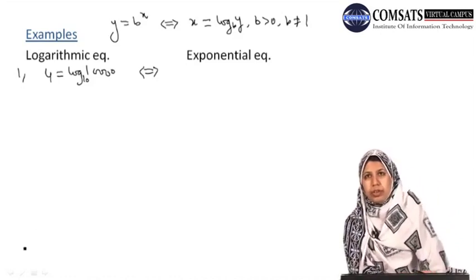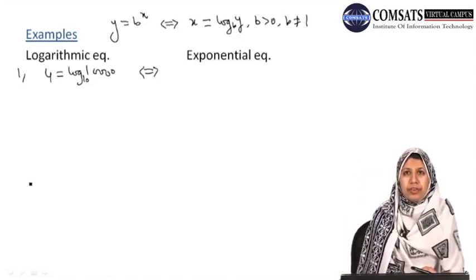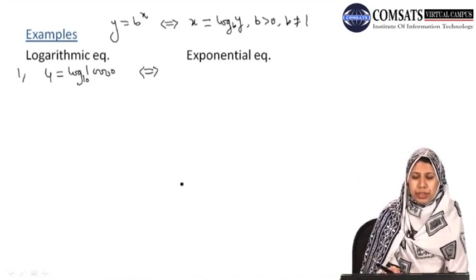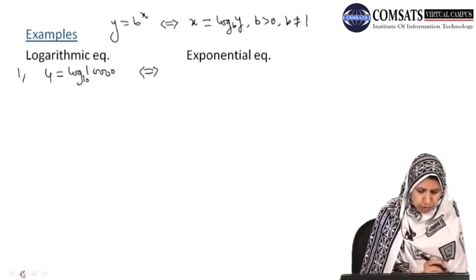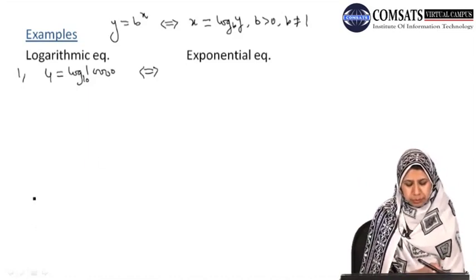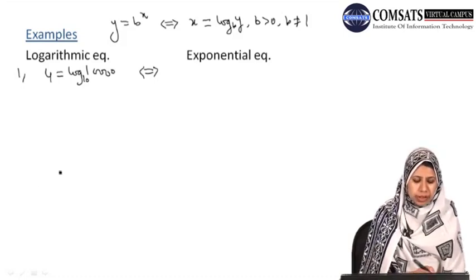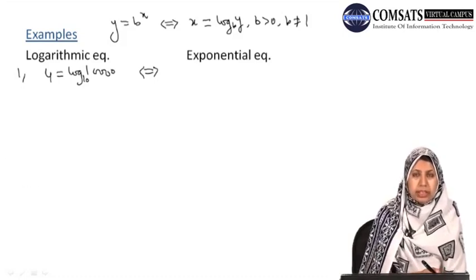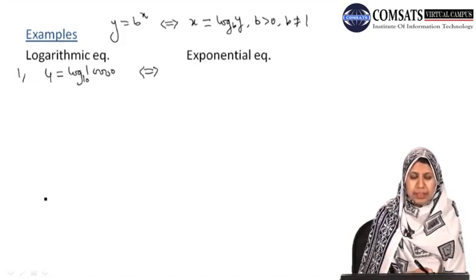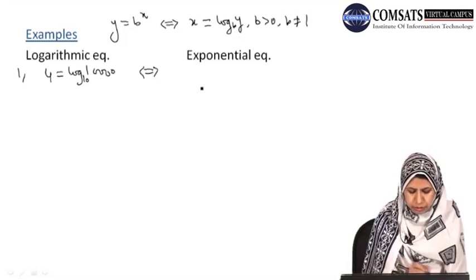Now we have our log equation, and we have to rewrite this equation as an exponential equation. We have to identify first what is b, what is y, and what is x. x is clearly 4 here, the base b is equal to 10, and y is equal to 10,000.